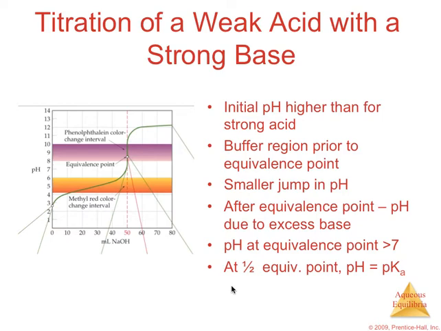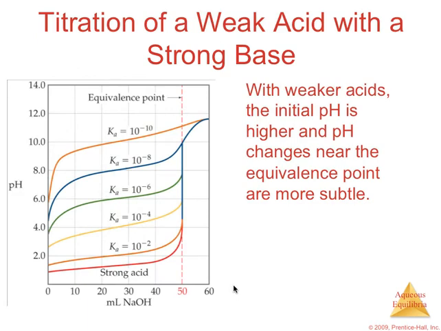You should be able to work that out on your own. If not, come in and ask. You'll see the weaker the acid is, meaning the smaller the Ka, the changes near the equivalence point get more and more subtle and more difficult to tell with a titration.